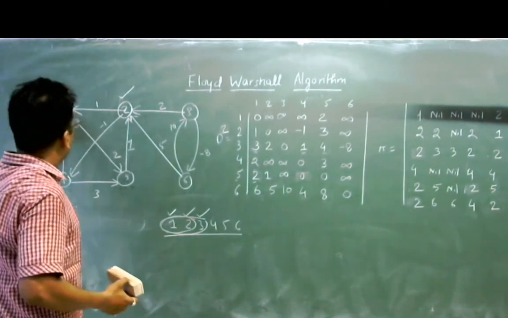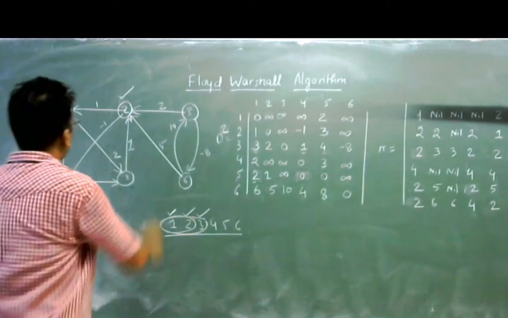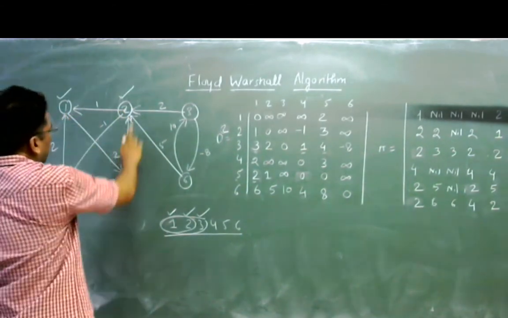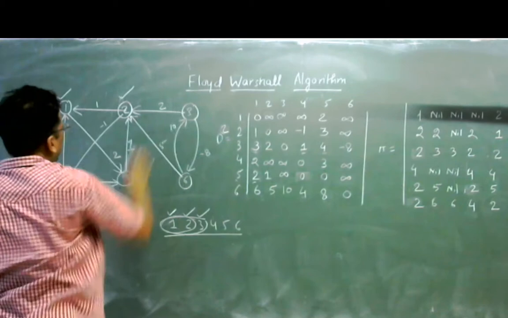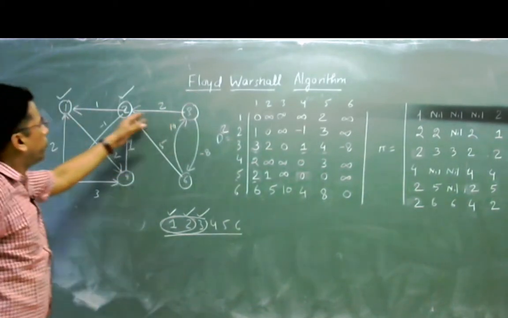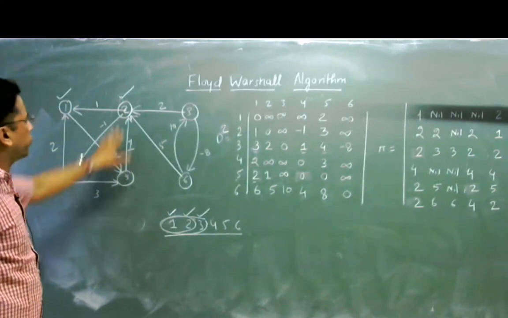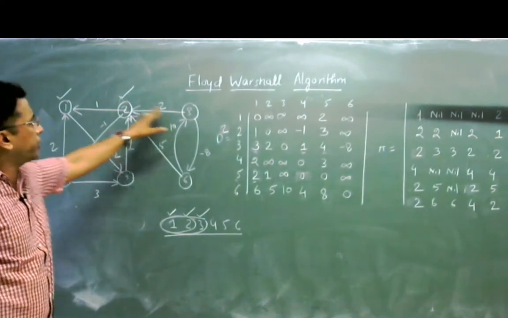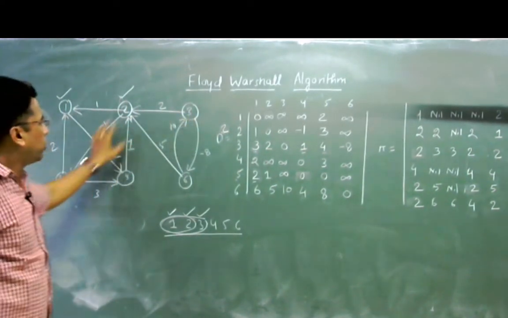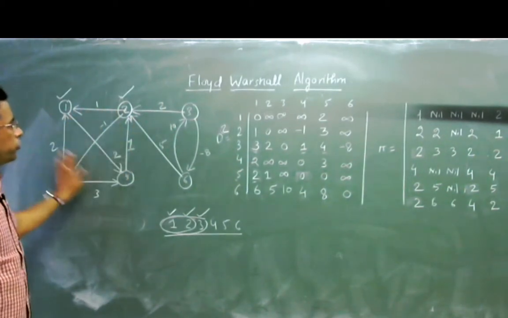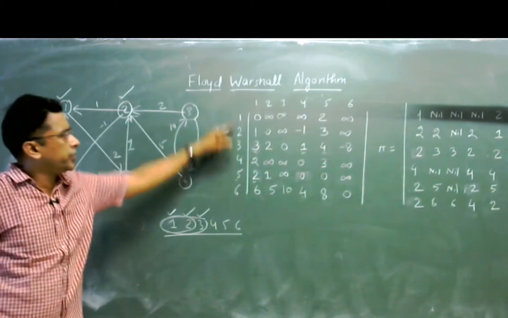Through the node number 1, if node number 3 becomes free, it is not accessible via 1 or 2. So there is no advantage for this side of node. 1, 2, 3, 4 will not get any advantage of 3 because this part is not accessible via this side of nodes. So definitely we shall skip 1, 2, 3, 4.